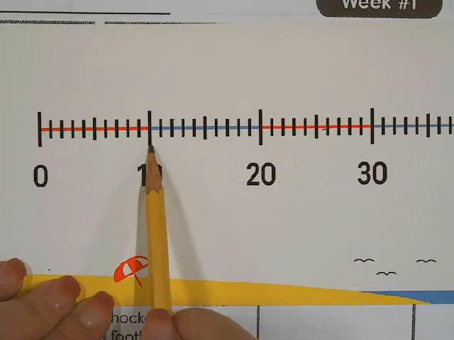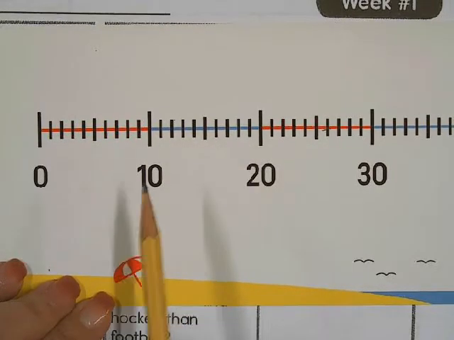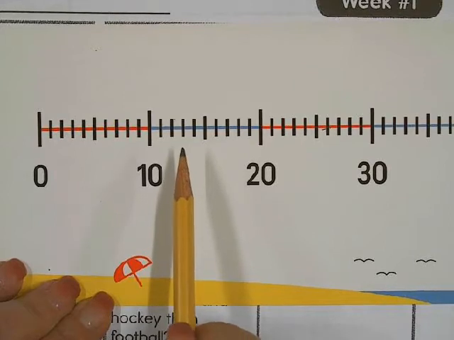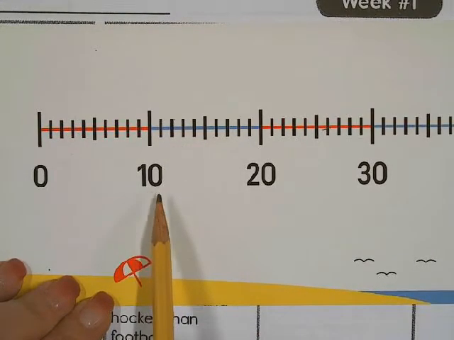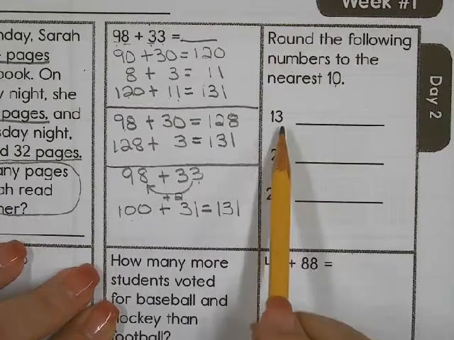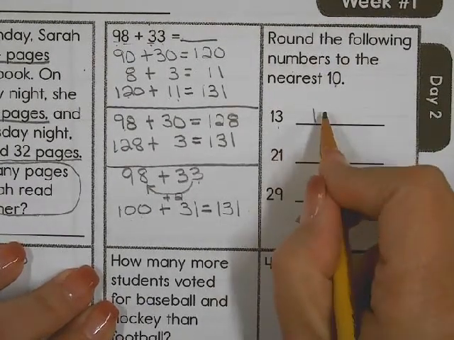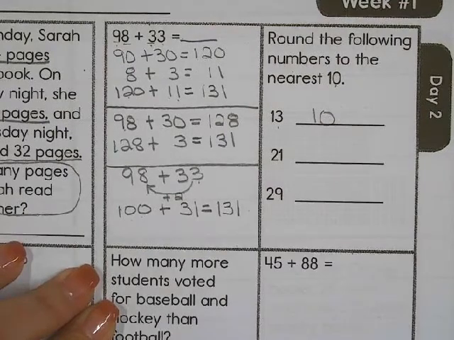It's 3 away from 10, but it's 7 away from 20. So if we were going to round 13 to the closest 10, it's going to round to 10. So if we go back to our DMA, 13 will round to the closest 10 of 10.